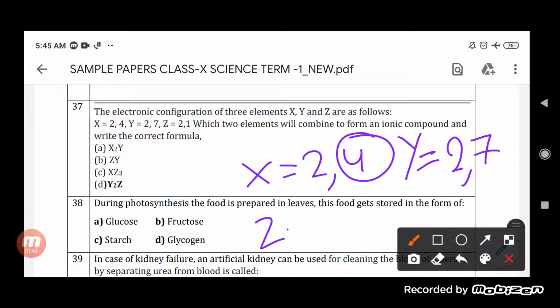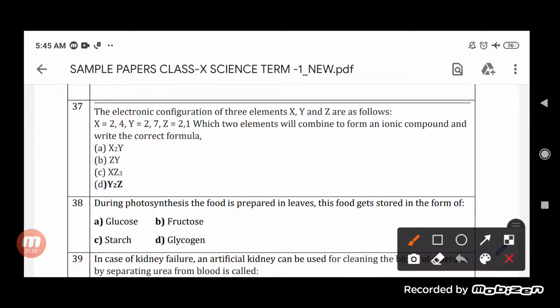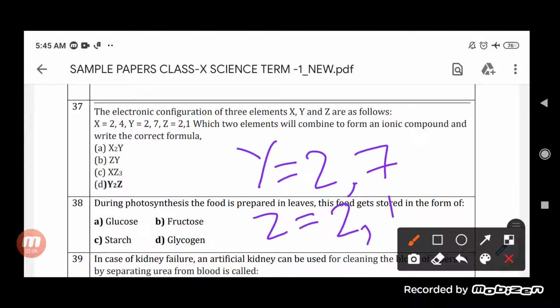And in case of Z it is 2, 1, so it will try to lose this one electron. So by this you can understand that Y is 2, 7, it needs one more electron, and Z wants to lose that one electron.